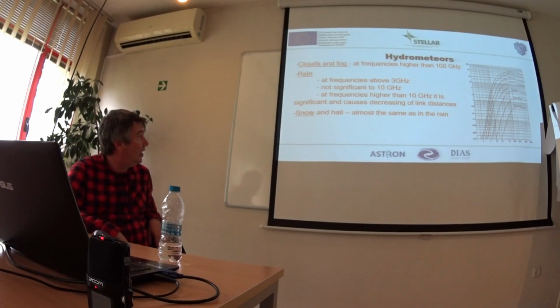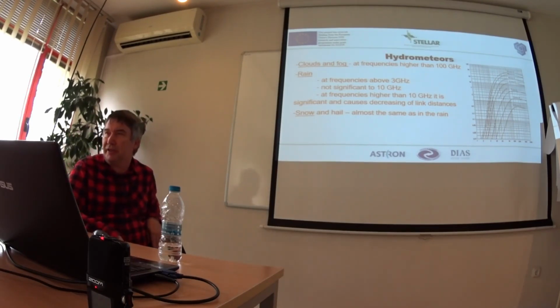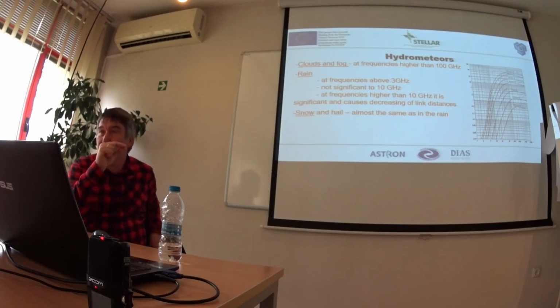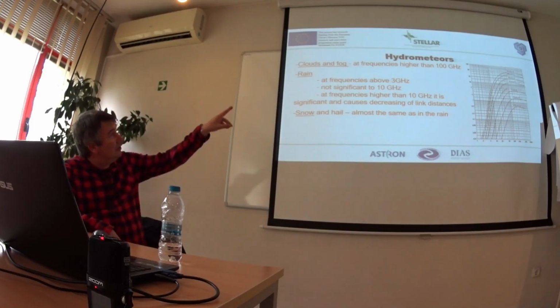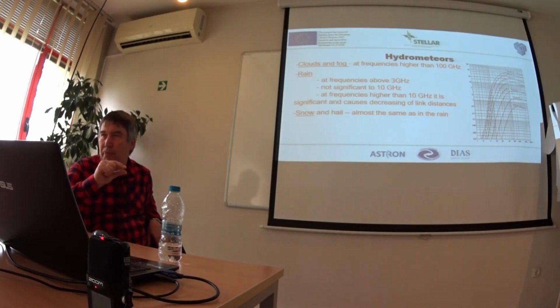If they are bigger, they will fall to the Earth's surface like rain or snow. Because of this small size of particles, clouds and fog affect radio wave propagation at frequencies higher than 100 GHz, and this effect is very, very small.